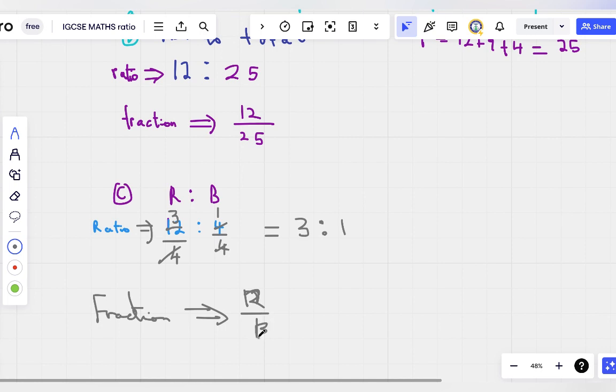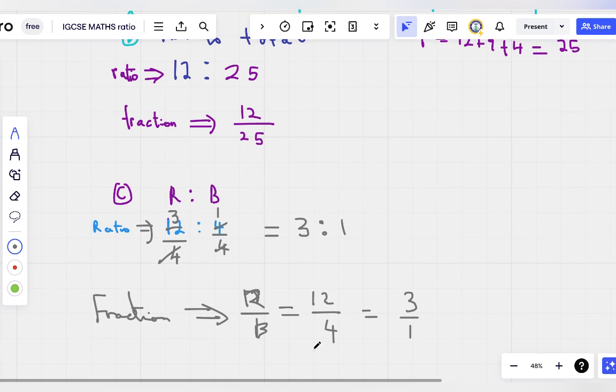So that you always know that the red car goes up first. The first one is always the one to be on top. And then you write R, which is 12 cars, over the blue car, which is 4. So in the simplest form, you get 3 over 1. Okay? In the simplest form, you get 3 over 1. Okay, so that's that for that question.